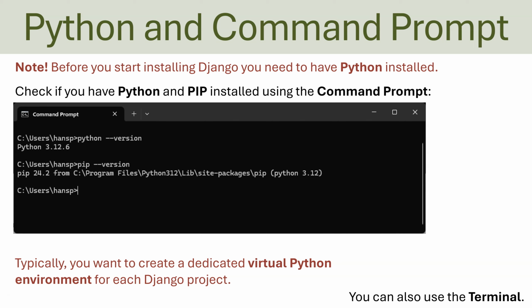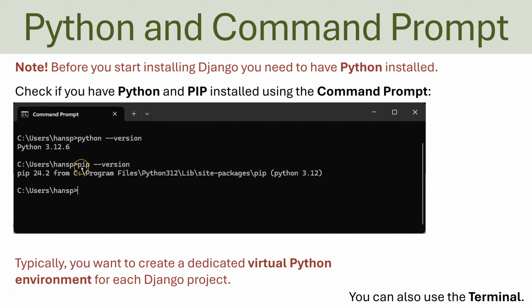And before you start installing Django, you need to make sure that you have Python installed, and if not, make sure that you install Python before you start installing Django. Basically go to the home page of Python in order to install the Python package, and then after that you can check that you actually have Python properly installed by using this command with version, and then you will find the proper version of Python installed on your computer.